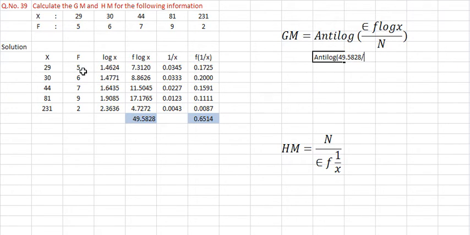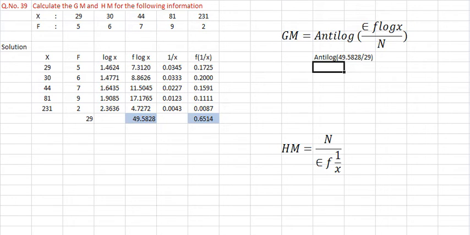N means total, 5 plus 6 plus 7 plus 9 plus 2. So I will add here now. The sum of this number, 29 is there. See, the formula is nt log of summation of f log x is 49.5828 divided by n is 29. Clear? So this was the value.